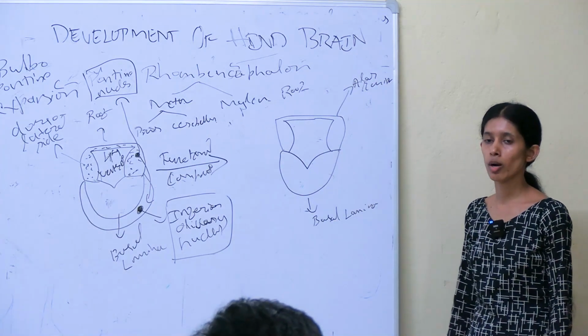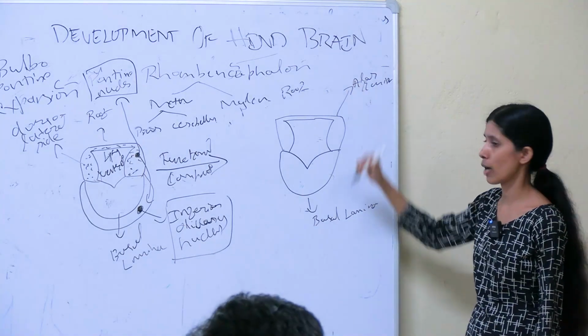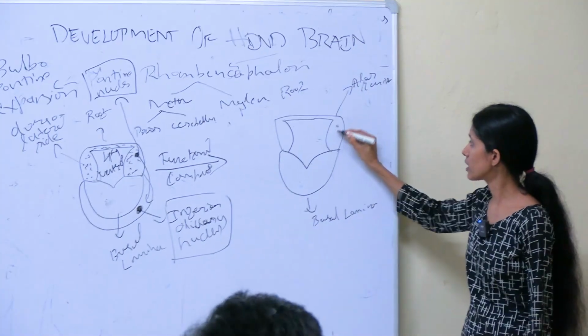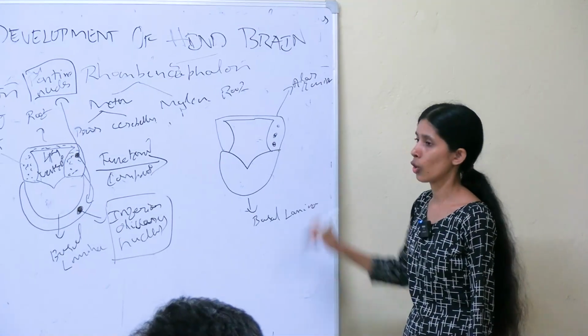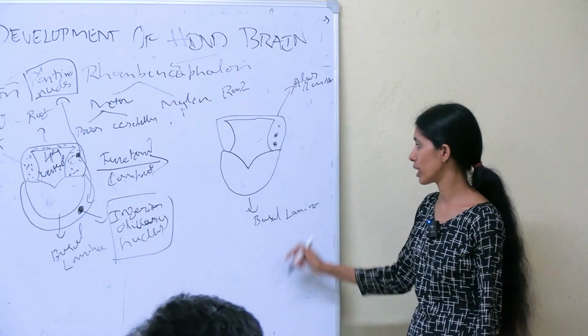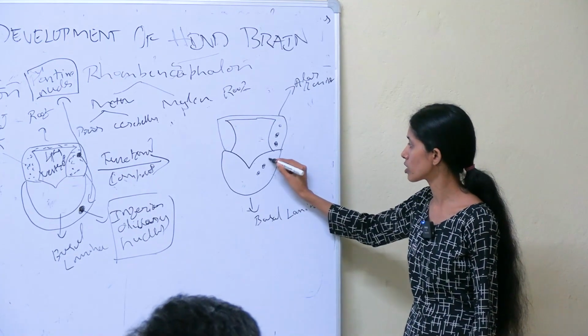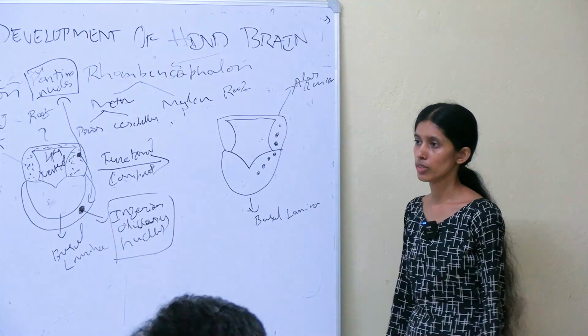So in the medulla oblongata, on the alar lamina part we can see 3 sets of columns, and on the basal lamina we can see 4 sets of columns.